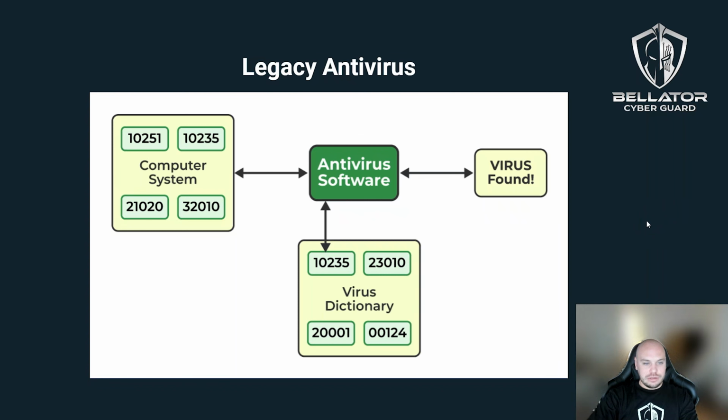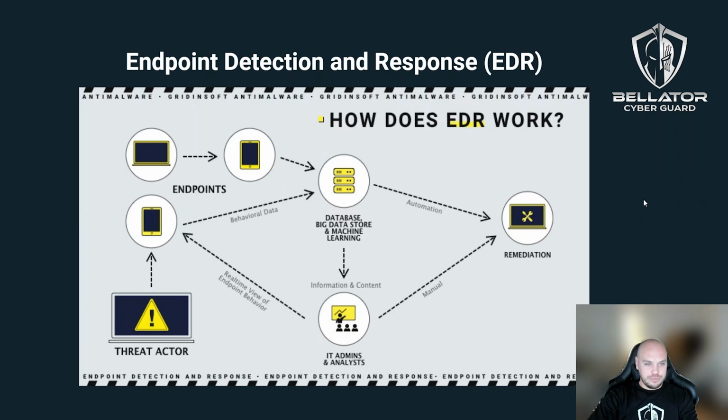So to compare that to the EDR solution, you can see here that you have the threat actor. It gets sent to the endpoint. From there, the database and big data storage and machine learning take a look at this data and automatically determine what the behavior is like. All this behavioral data is sent in real time, you can see, from the endpoint to the database, and then you have this automated remediation if necessary.